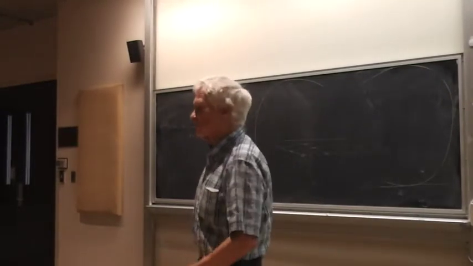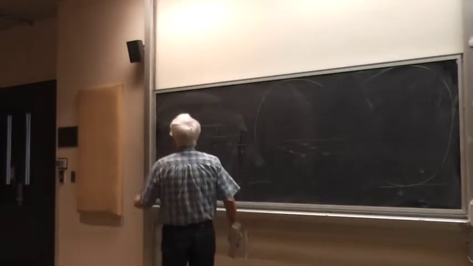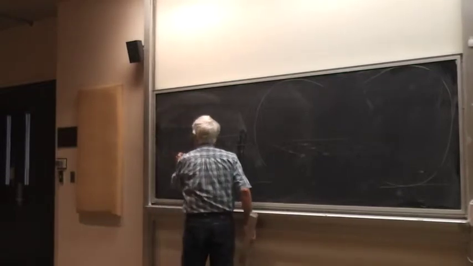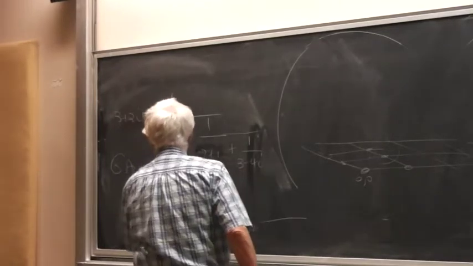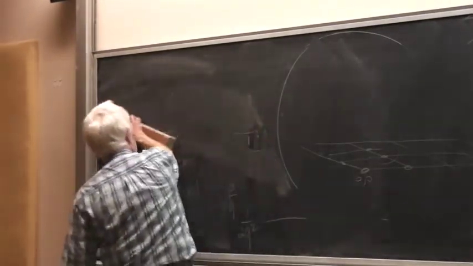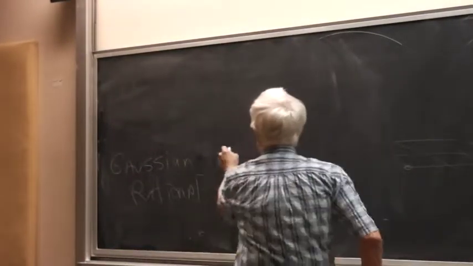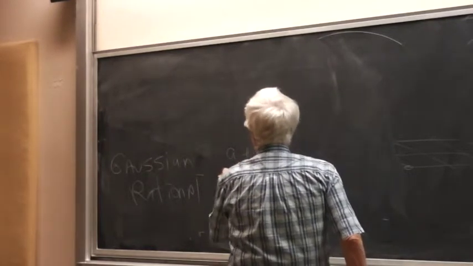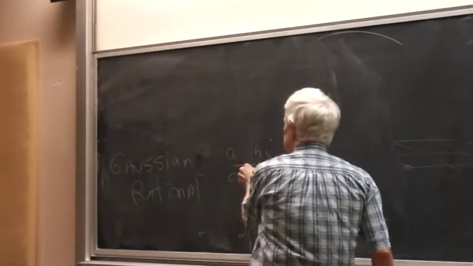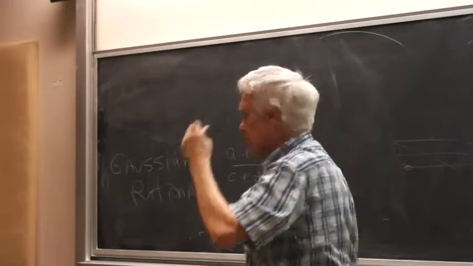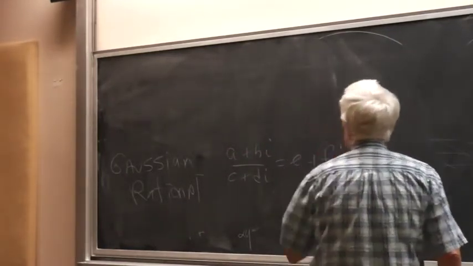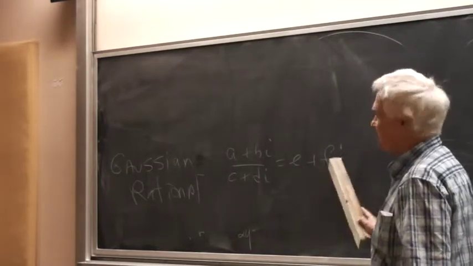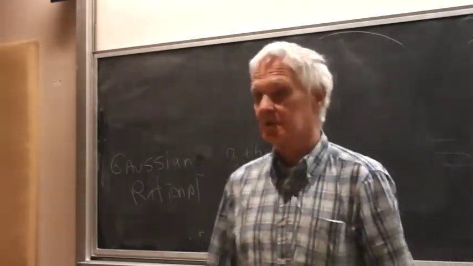Now, a Gaussian rational you can write 2 ways, right? You can think of it as either a fraction where there's nothing in common, or you can think of it as e plus fi, where e and f are both rational fractions.